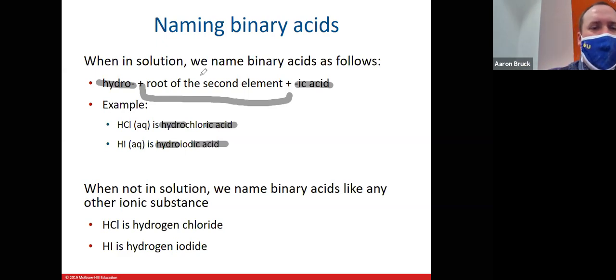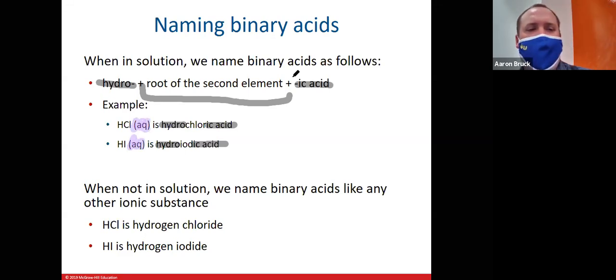But again, the key is that aqueous designation. The aqueous designation allows us to go, hey, this is an acid. If I don't have that aqueous designation there, I name it like any other ionic compound. Cation is hydrogen. Anion is chloride in the first case, iodide in the second case.